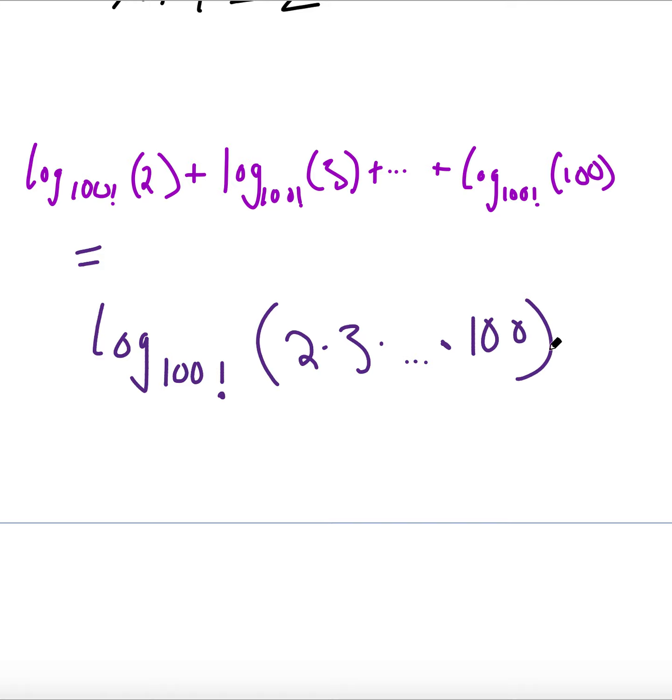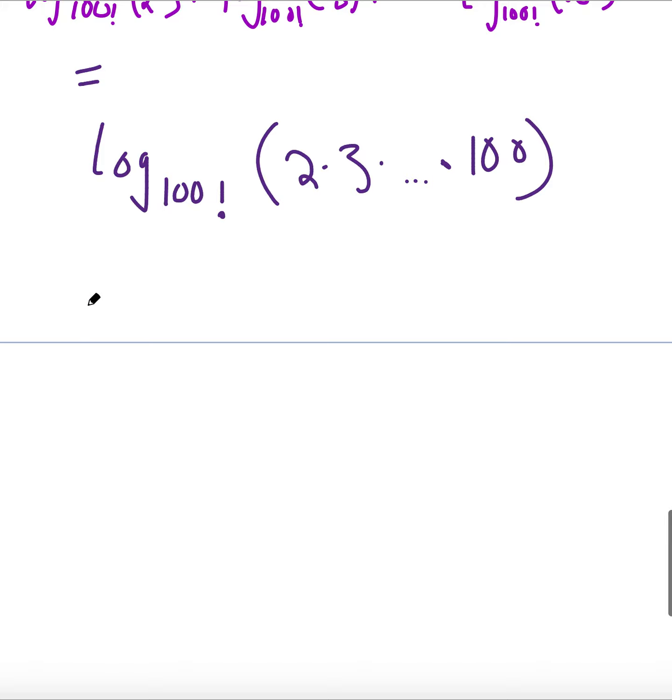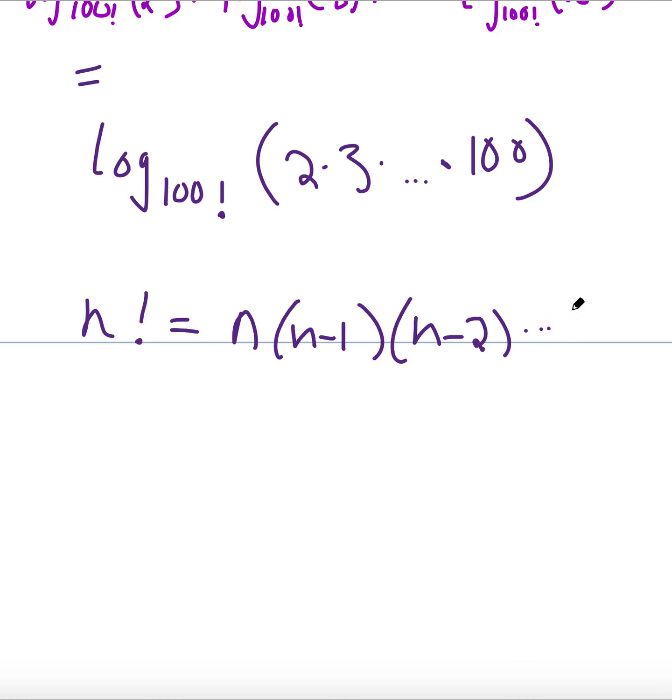Now, if you know factorials, you should be getting excited about this, because let me just quickly recap what factorials do. N factorial is the same thing as n times n minus 1 times n minus 2 all the way to 2 times 1.